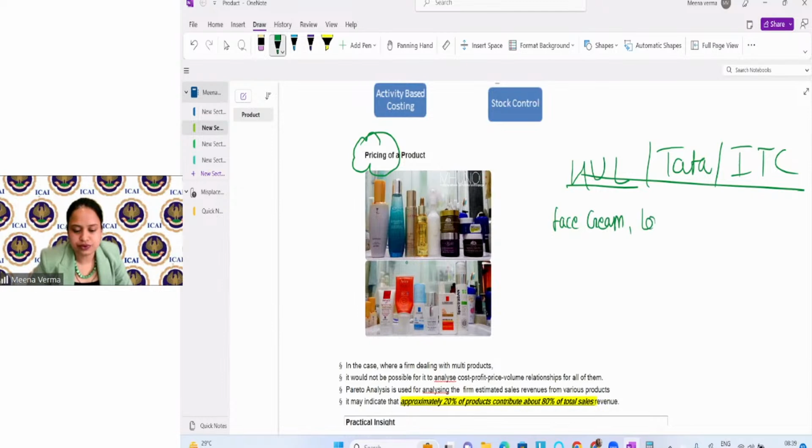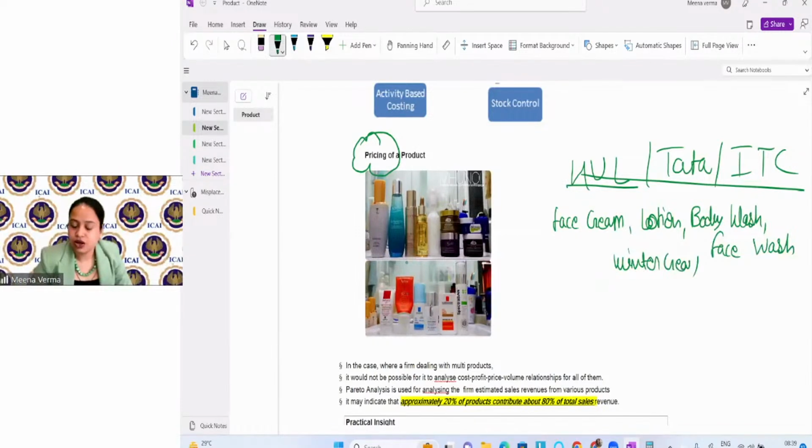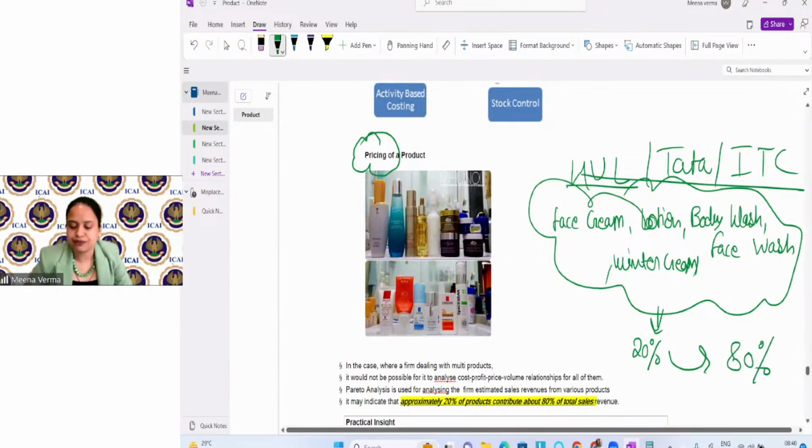lotion, body wash, face wash, winter cream, lotion, sorry, moisturizing cream, night cream, different types of products. The point is that when the company is selling different types of products, you will observe that out of all these products, only a few products, or you can say only 20% of these products, will generate maximum profit for the company.